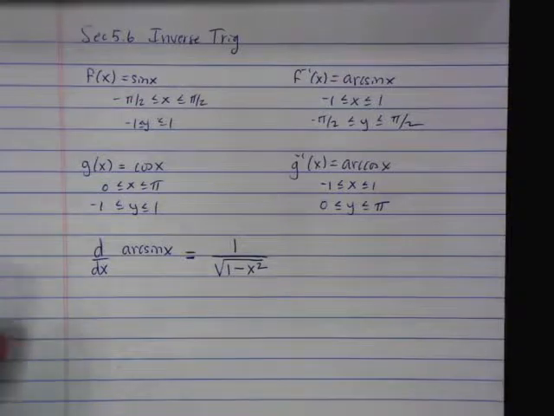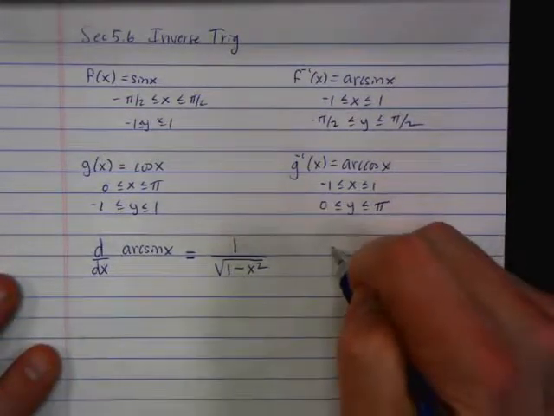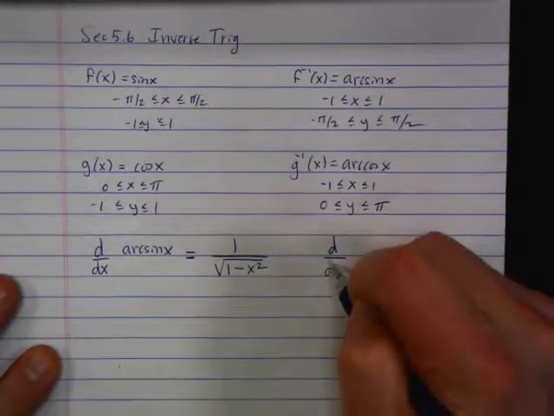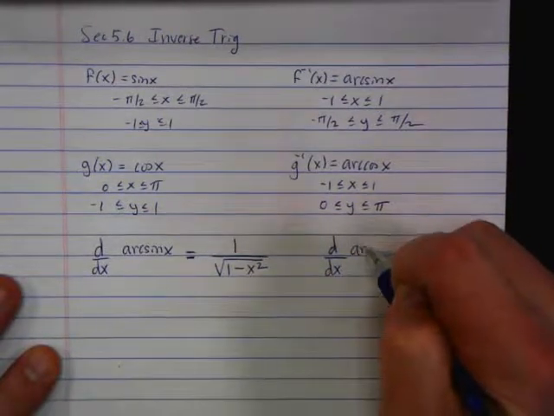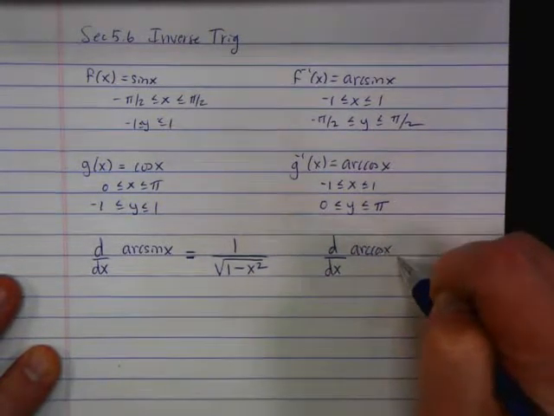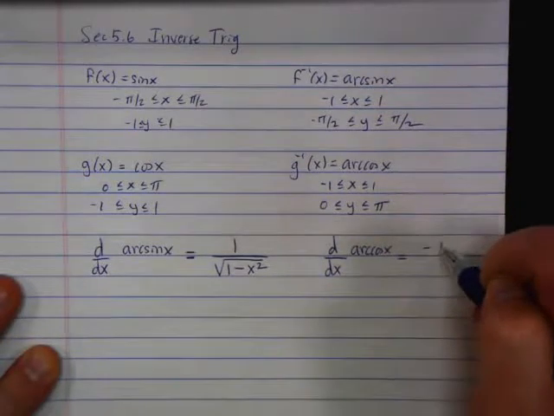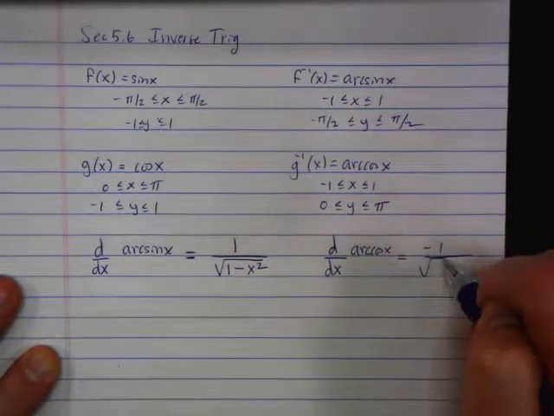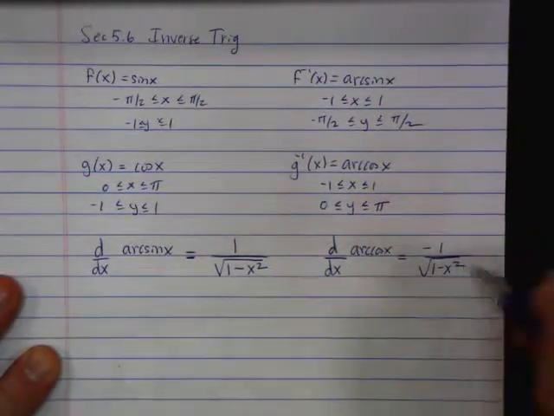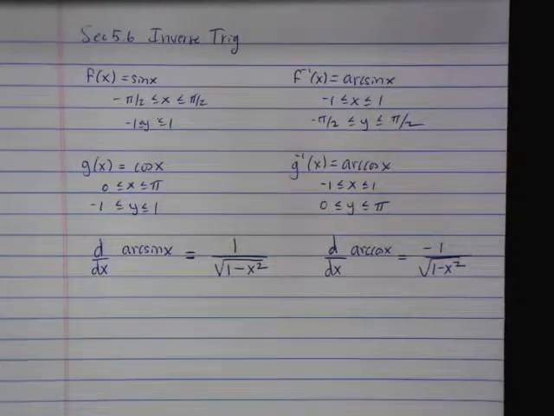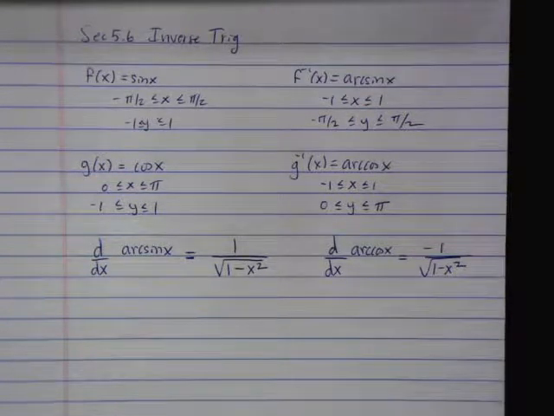And I don't think I derived this one, but I talked about it briefly. I'm not going to derive it. You can look it up in the book if you don't believe me. The derivative of arc cosine turns out to be negative 1 over the square root of 1 minus x squared. So I think that's where we left off. We had done pretty much everything we needed to do with sines, cosines and arc cosines, and we were ready to start talking about our other functions.